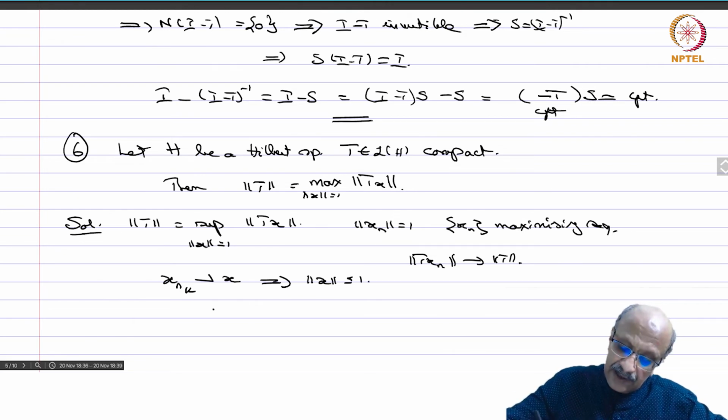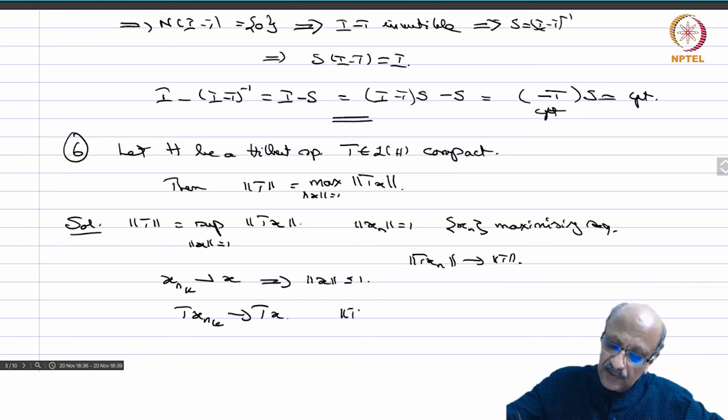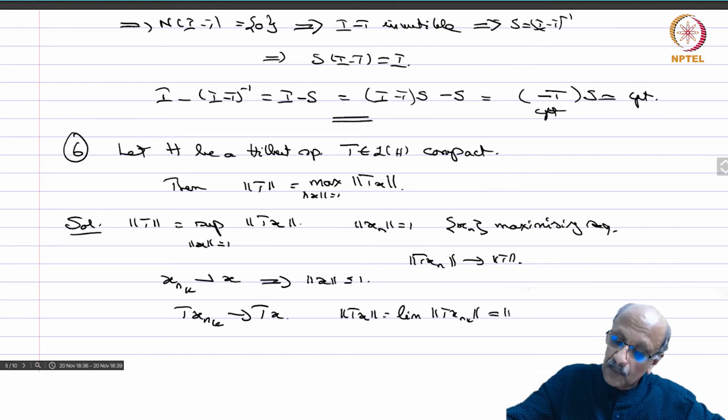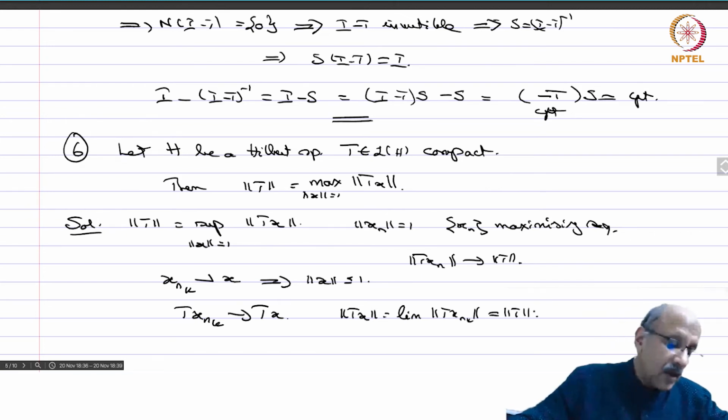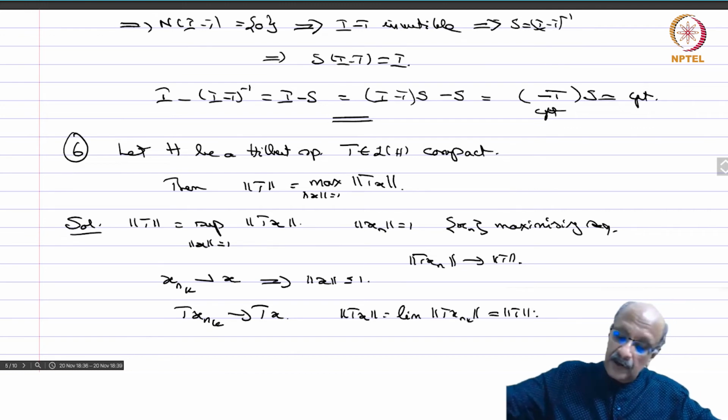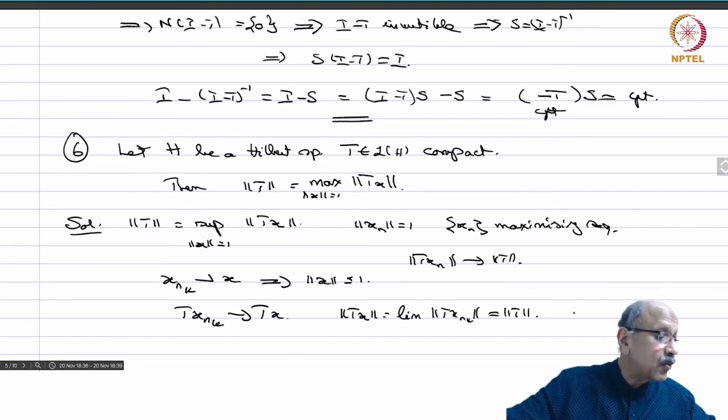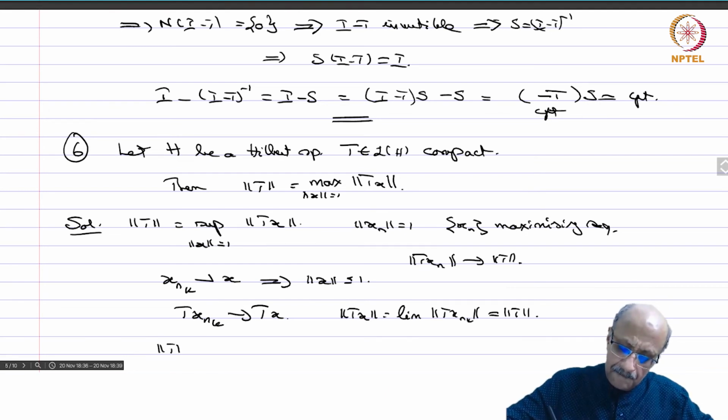Then Txn_k converges in norm to Tx, therefore norm Tx is the limit of norm Txn_k, which is equal to norm T. And you have that norm x is less than or equal to 1. So norm T is therefore less than or equal to norm Tx by norm x, because norm x is less than or equal to 1.